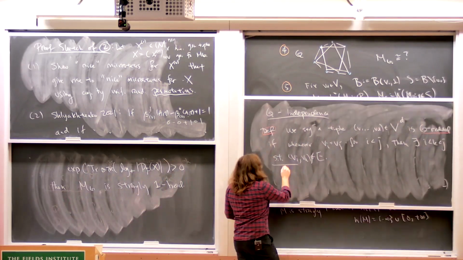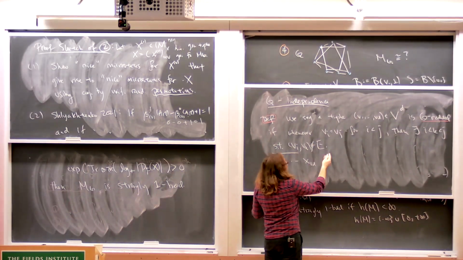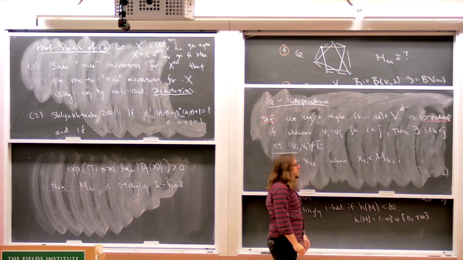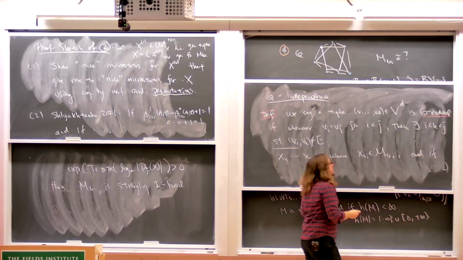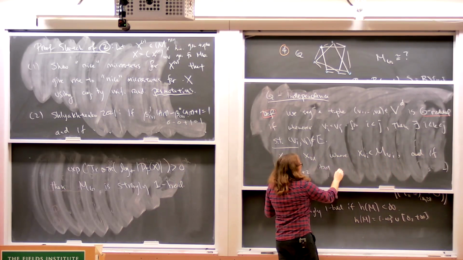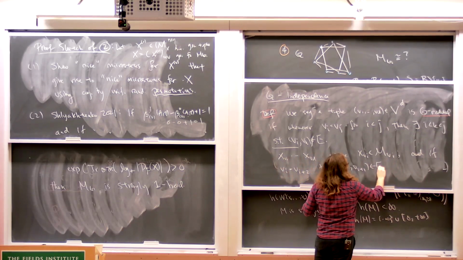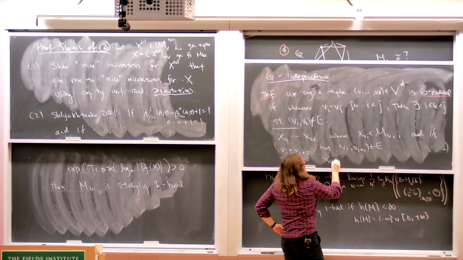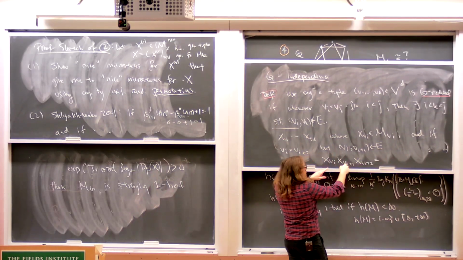Well, suppose I had some word of elements indexed by these vertices where each of my x_{Vi} is coming from the Vi vertex algebra. And if it were the case that, say, for simplicity, Vi and Vi plus 2 are equal, but Vi and Vi plus 1 did form an edge, well, then the relations in my graph algebra tell me that I can take this product and I can commute one of these past the other.